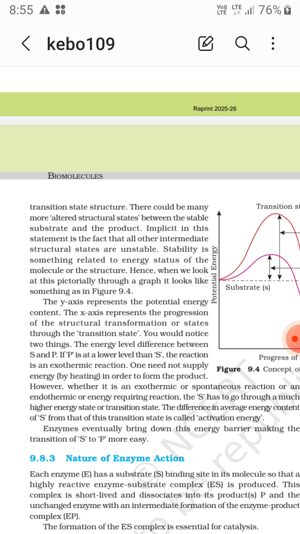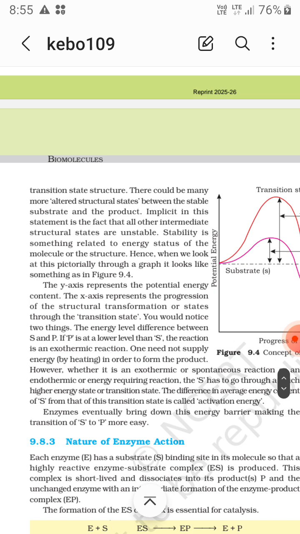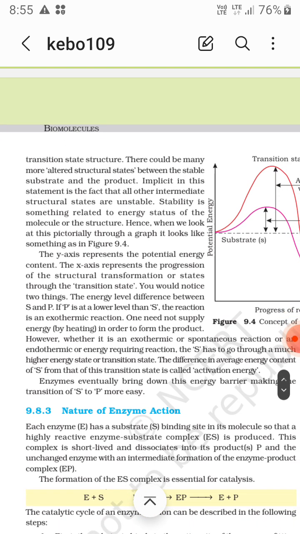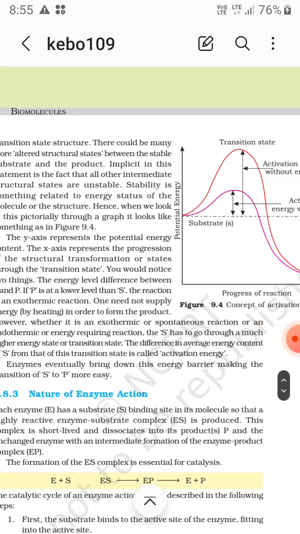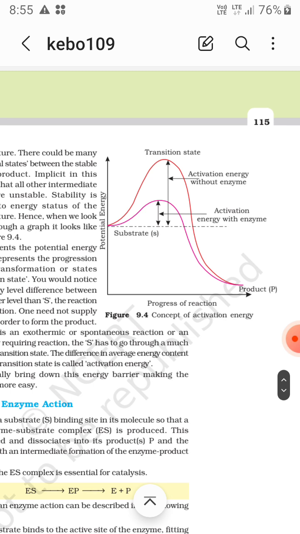All the other intermediate structural states are unstable, right? Stability is related to the energy status of the molecule or the structure. Hence we look at the potential energy for stability, so potential energy and progress of reaction.